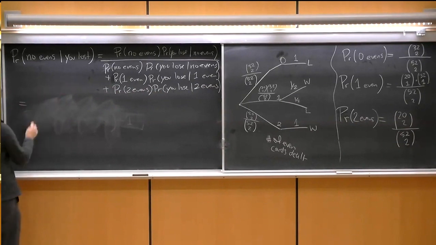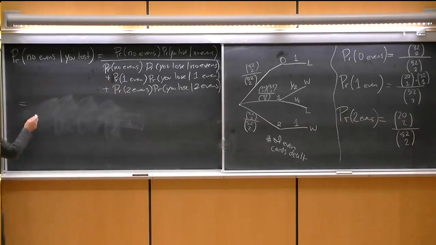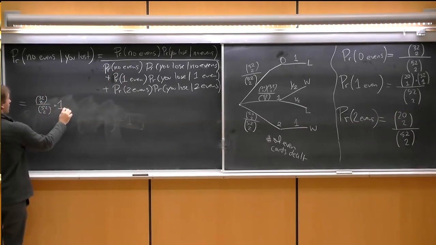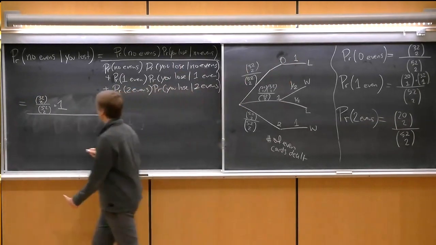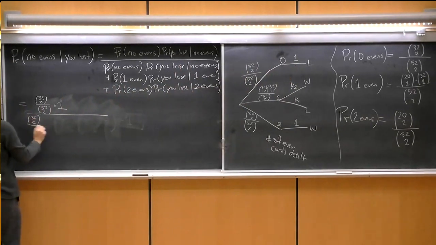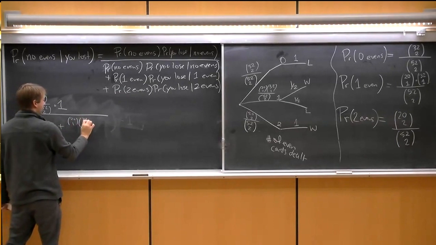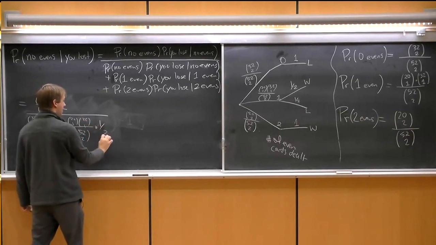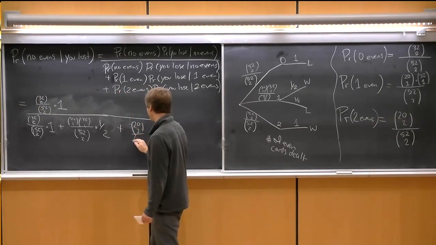The hard part is just setting this up, and then we just read stuff right off the diagram, right? So 32 choose 2 over 52 choose 2 times 1. The 1 comes from here. 32 choose 2 over 52 choose 2, again times 1, plus 20 choose 1 times 32 choose 1 over 52 choose 2 times a half, plus 20 choose 2 over 52 choose 2.